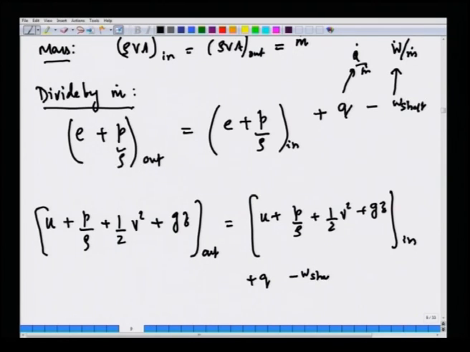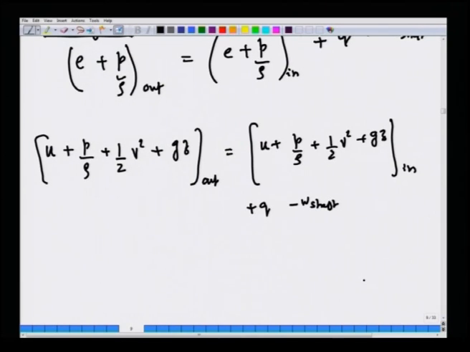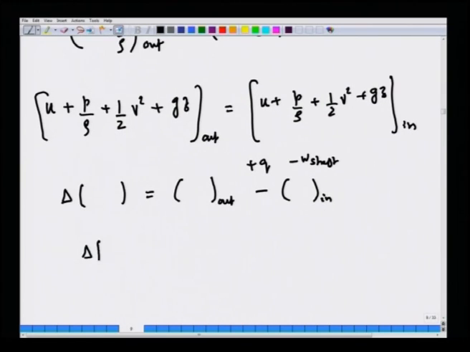This is heat into the control volume per unit mass. This is the work done by the control volume per unit mass. There is no rate involved. Now, I can use a new symbol delta as that quantity evaluated at outlet minus the quantity evaluated at inlet. So, delta of u plus p by rho plus half v squared plus g z is q minus w shaft.